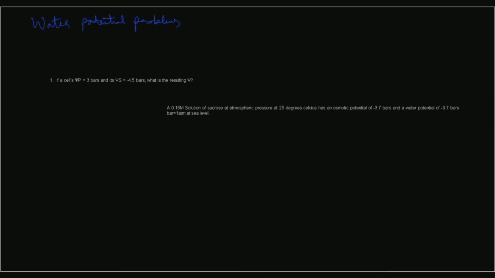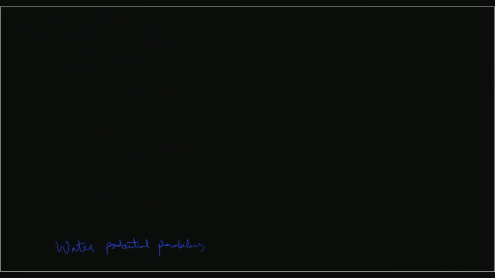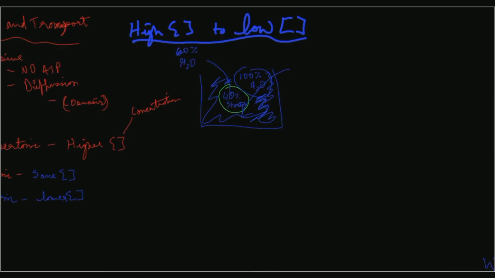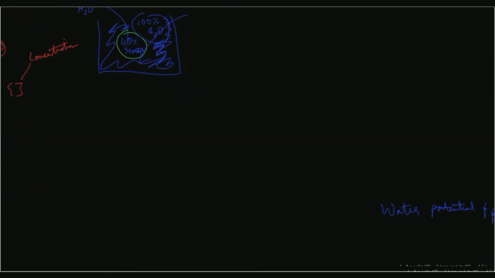So in the example we have right here, the cell would have a lower water potential than the beaker, and therefore the water seeps into the cell.